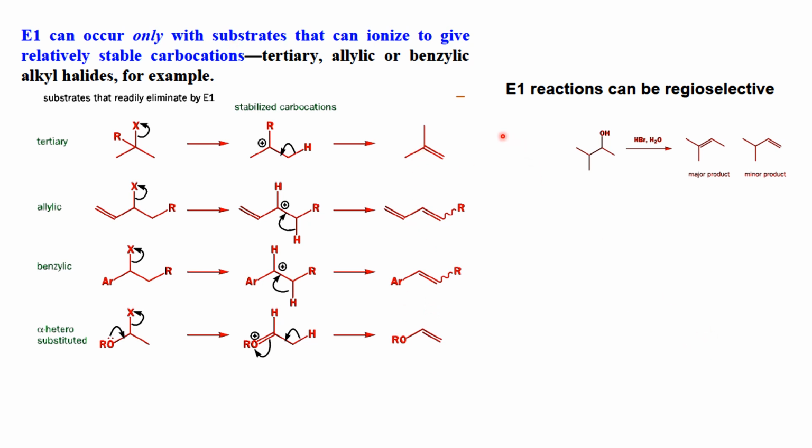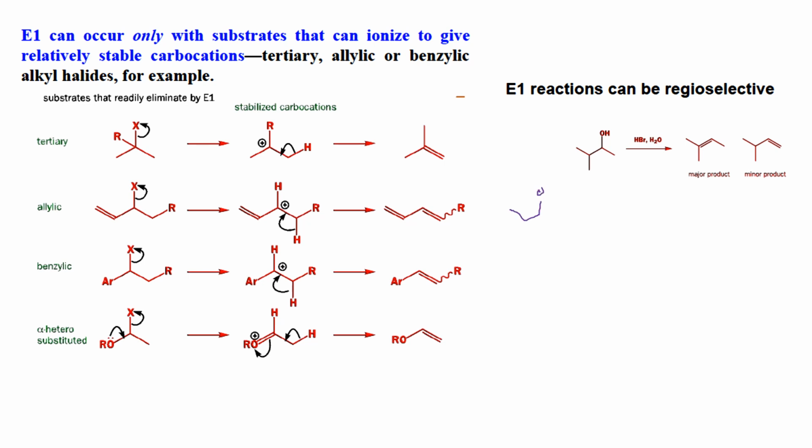And another point regarding E1 reaction is that it is regioselective. That is, regioselective means the position of double bond has a certain orientation. In this particular case, you can actually have two different olefins. I'll show how these two olefins are being formed.